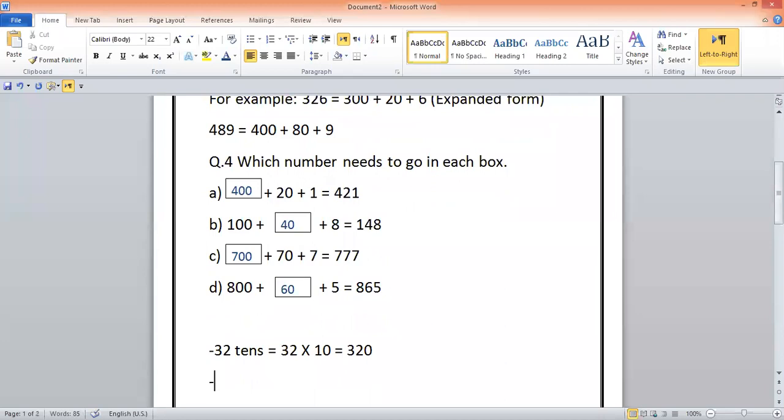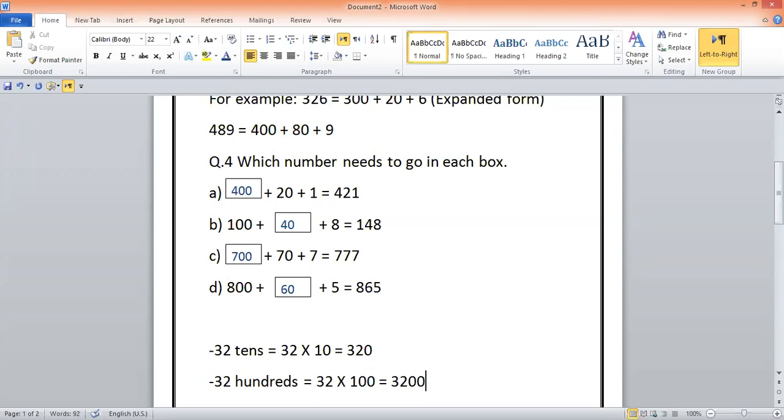Same if I ask you about 32 hundreds. What you will do here? You will multiply 32 by 100, because there are 32 hundreds. The easy way to multiply 32 by 100 is to write 32 and add two zeros at the end.